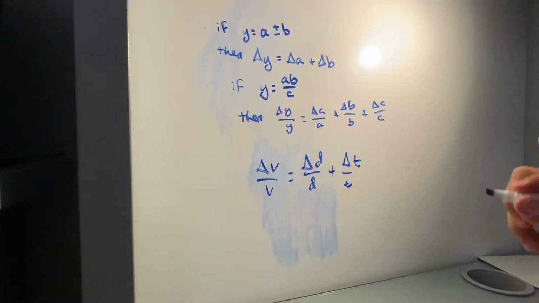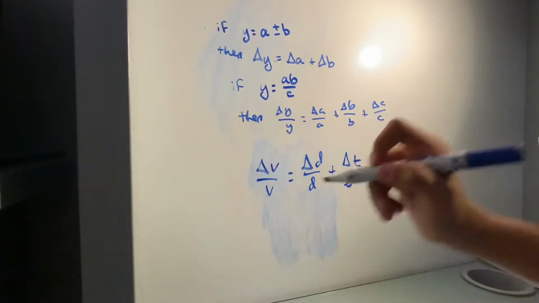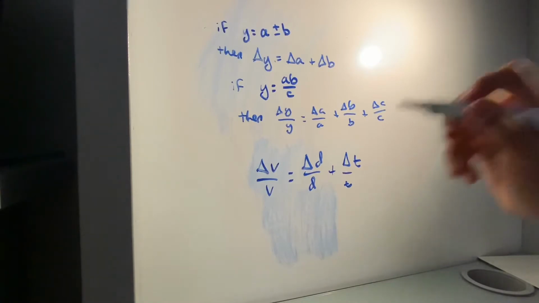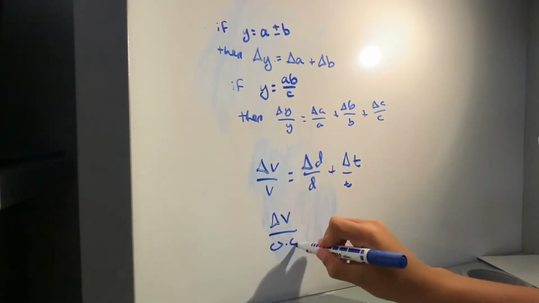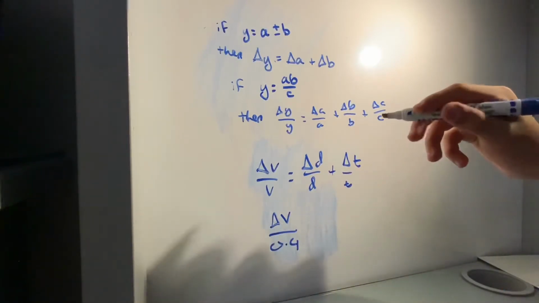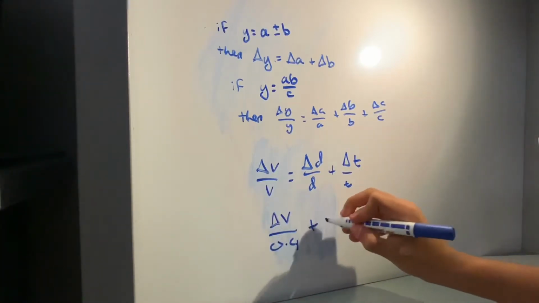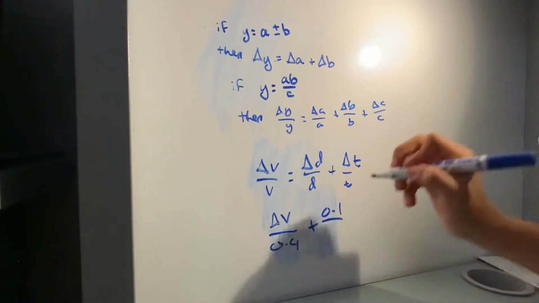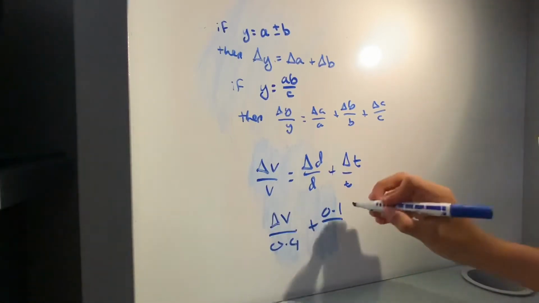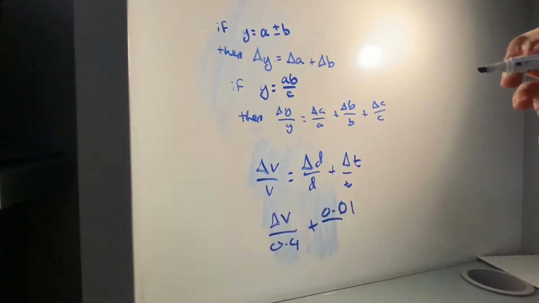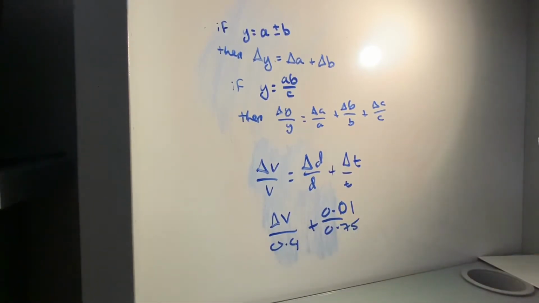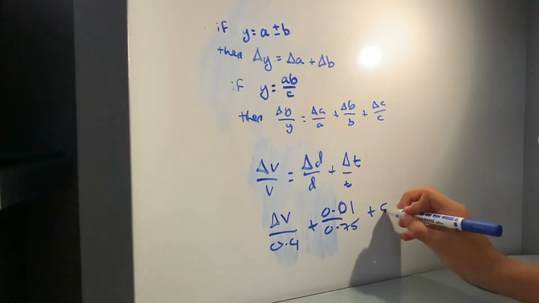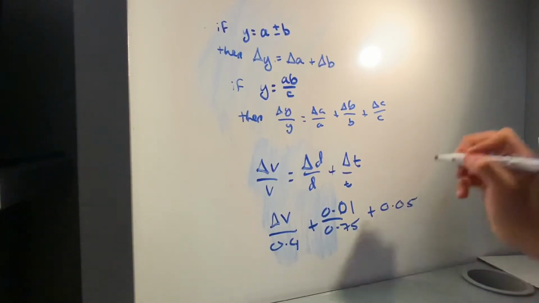And then I substitute the values, so it's going to be the change in v over 0.4 plus 0.1 over 0.01 over 0.75 plus 0.05.